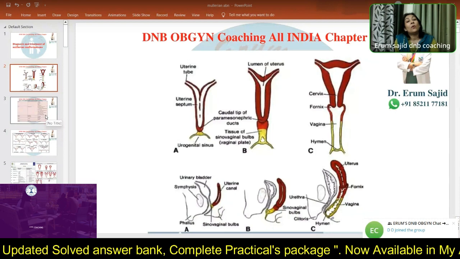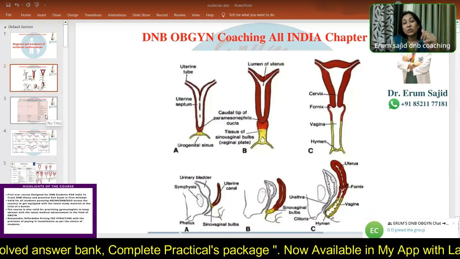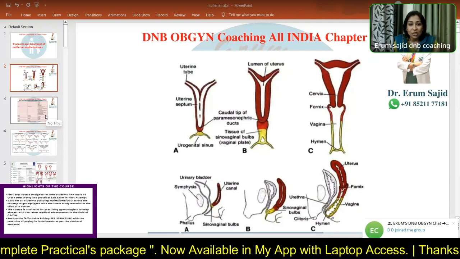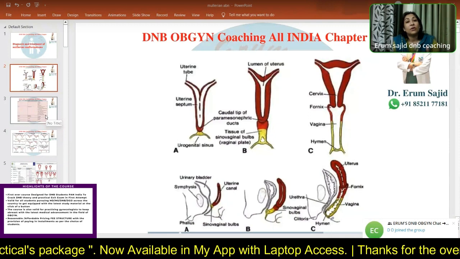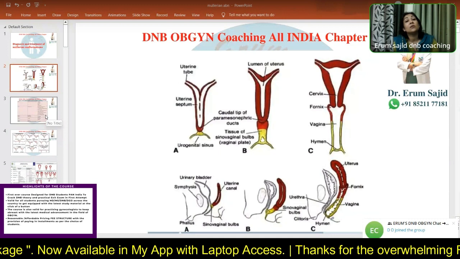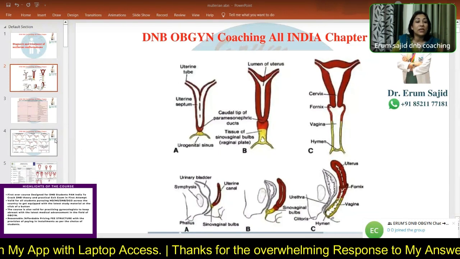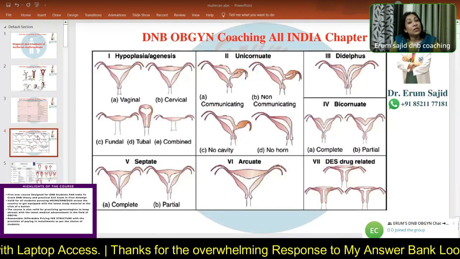Which is the reason why we're talking only about 2 regions, mostly America and the European countries. We do not have the RCOG coming up with these different classification systems. We have, in fact, ESHRE, which is responsible for the Fertility Society, and that came up with a classification.